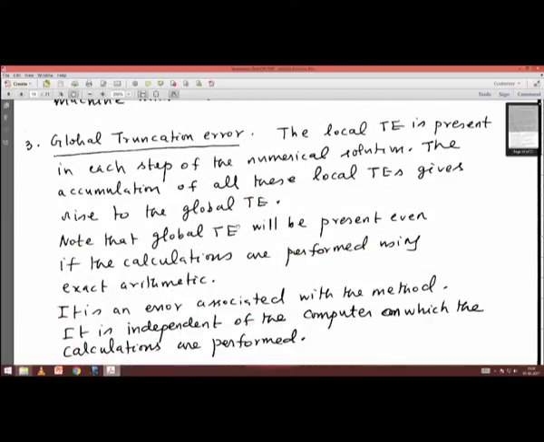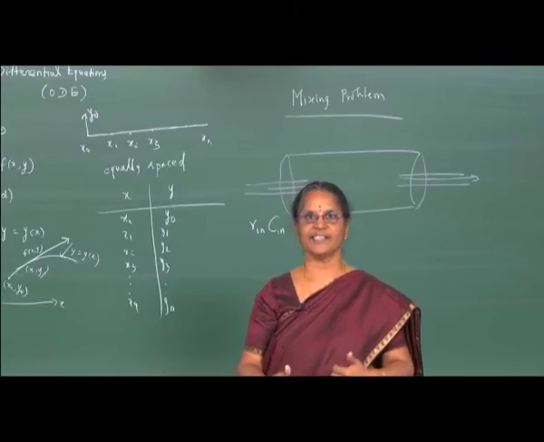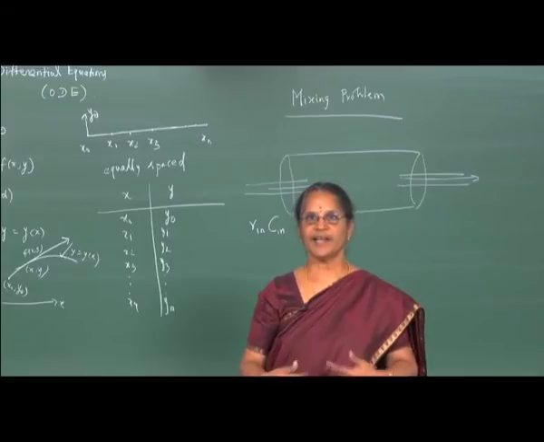Then the third type of error that occurs is global truncation error. Why does it arise? We said that the local truncation error occurs at each step of our computation. So, the accumulation of all these local truncation errors yields the global truncation error.